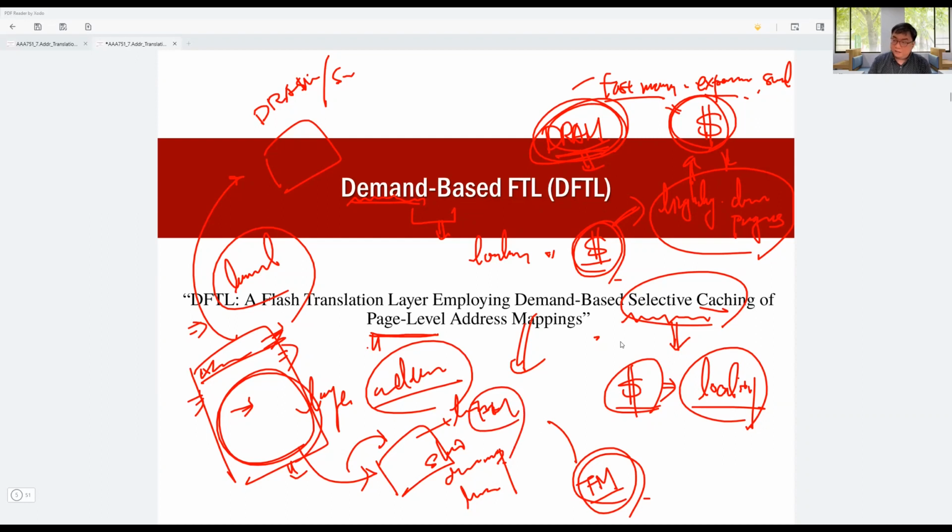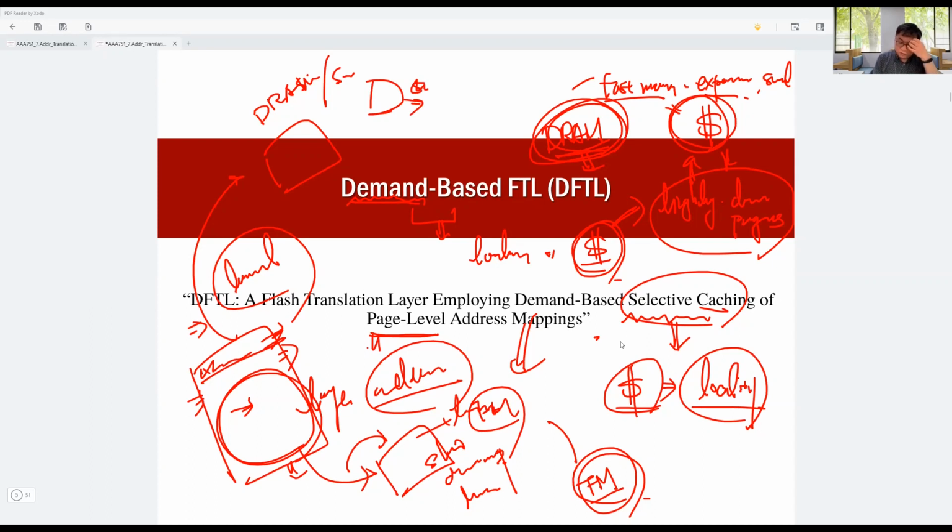That is the main idea of demand-based DFTL. It's simple. So like this caching mechanism, we can manage this location of the address translation information. Okay, like this cache.